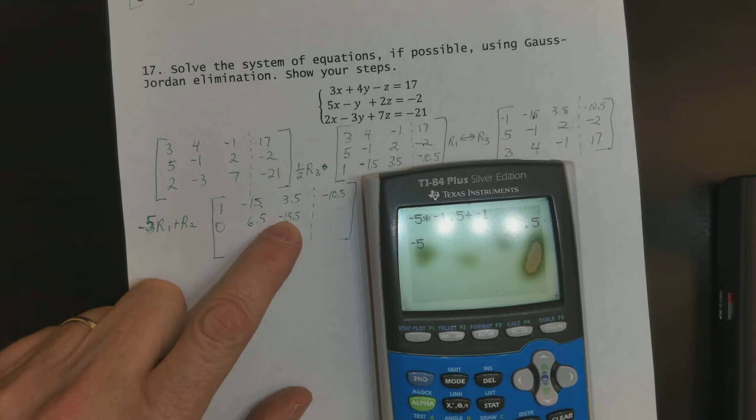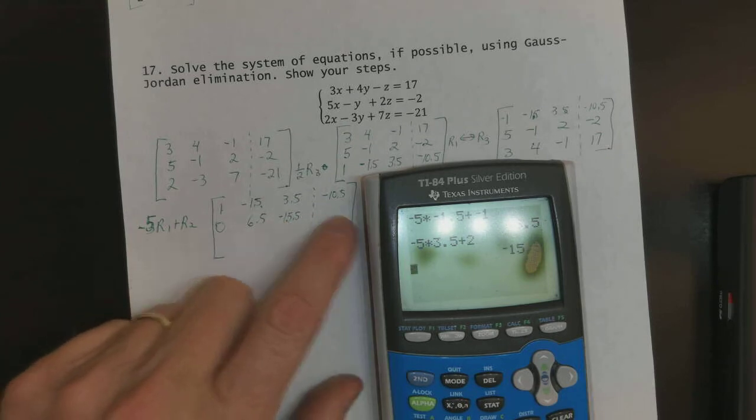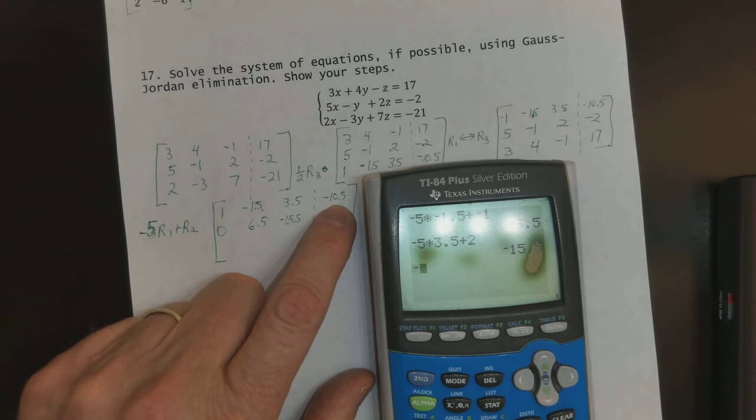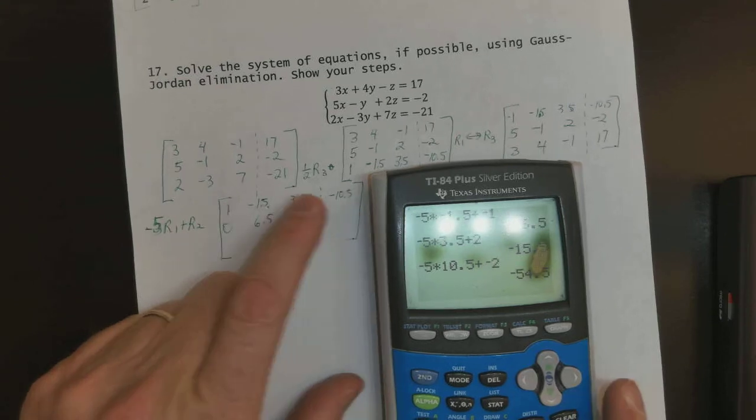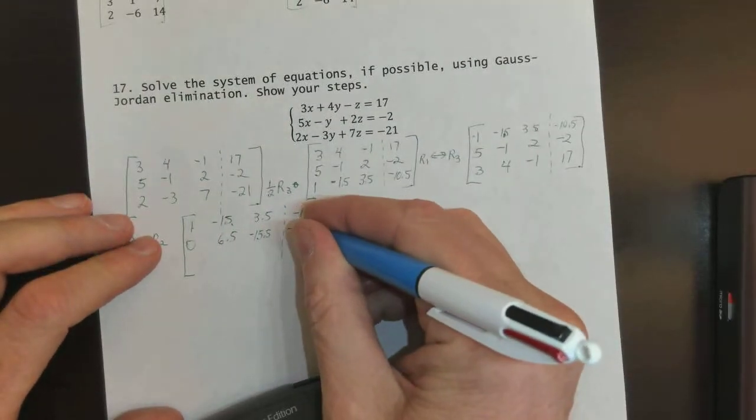Negative 5 times 3.5 plus 2, that is negative 15.5. Negative 5 times 10.5 plus negative 2 is negative 54.5.